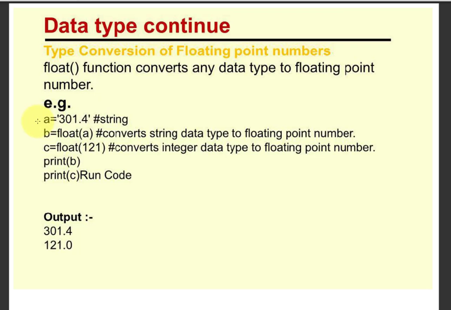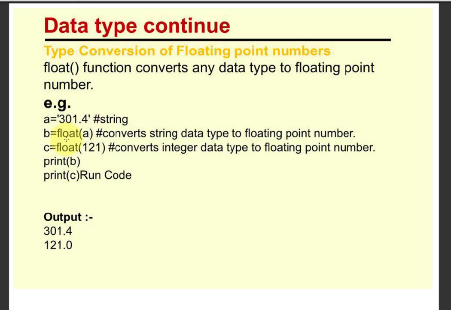Look at this example: a equals '301.4'. This is a string value. How do I identify that this is a string? Because the value is enclosed within single quotes or double quotes. So a is a string variable.